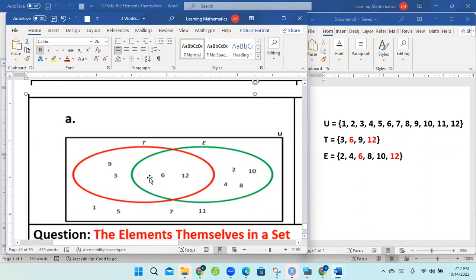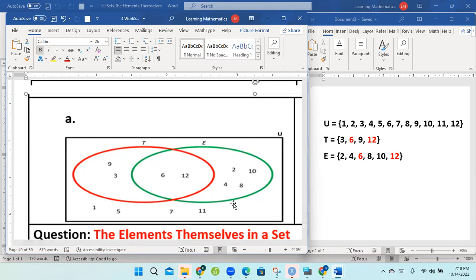6 is both a multiple of 3 and even. 4 is even only. 5 is neither a multiple of 3 nor even, so it comes outside. 6 is in both. 7 is neither. 8 is even only. 9 is odd, but 9 is a multiple of 3 only. 10 is even only. 11 is neither; 11 is a prime number, it has only 2 factors, itself and 1.